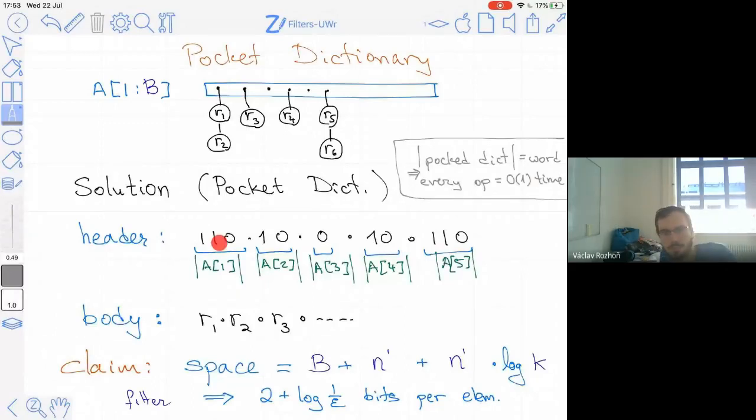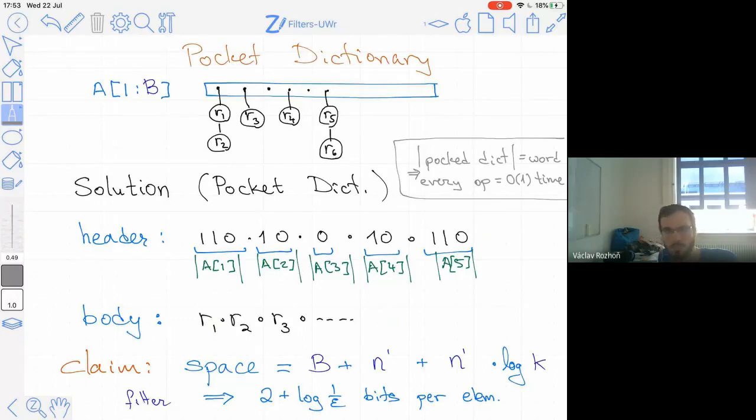So A1 has 2 elements, you write 1, 1, and then you write a 0. A2 has 1 element, you write a 1, then a 0. A3 has 0 elements, you write just a 0, and so on and so forth. And your body is just a concatenation of the remainders, where you take the remainders in lexicographic order of the elements, of the Q and the R.